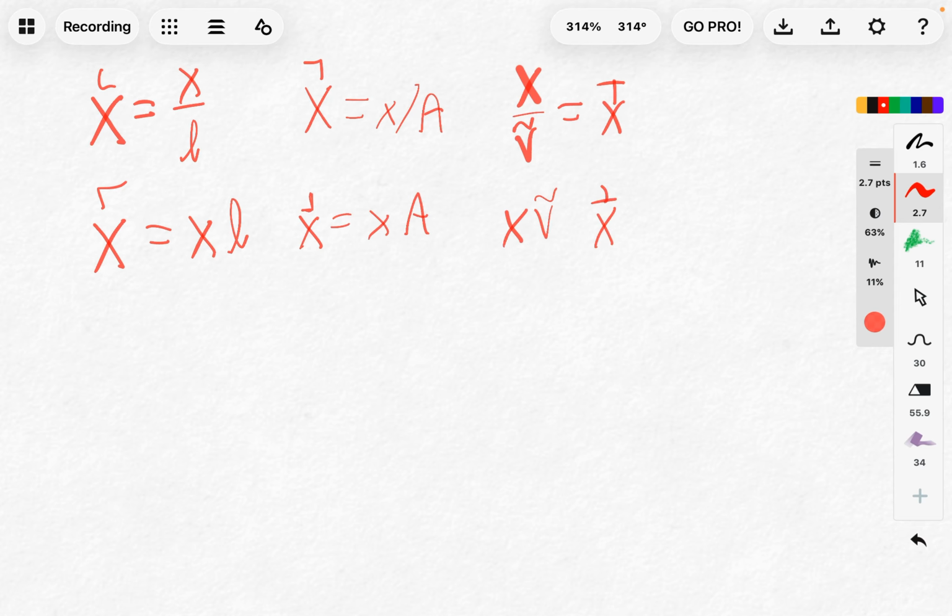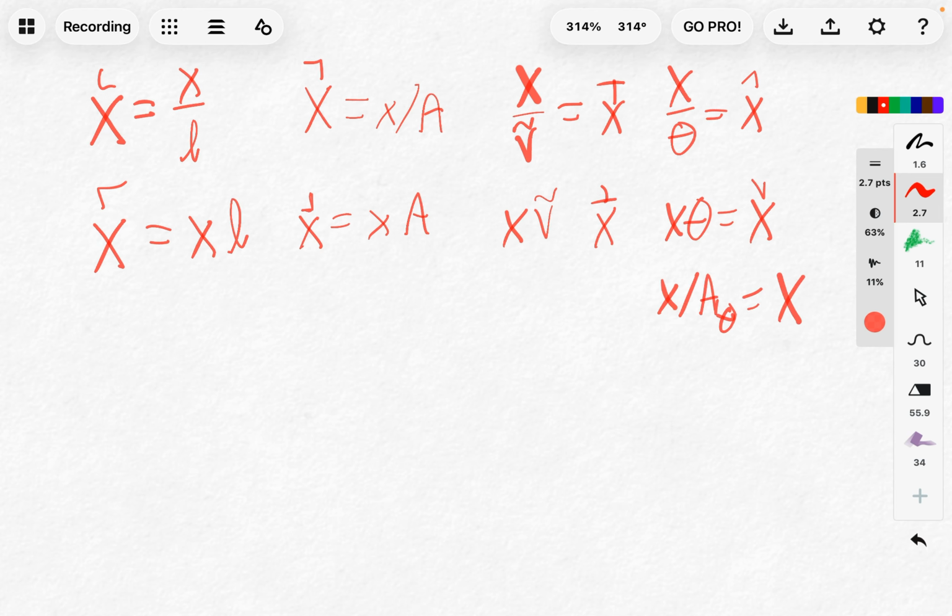And then you also have angle diacritics. So x over an angle is this, x times an angle is this, x over a solid angle, so that has units of radians squared, would be this, and x times a solid angle is the opposite, so this.